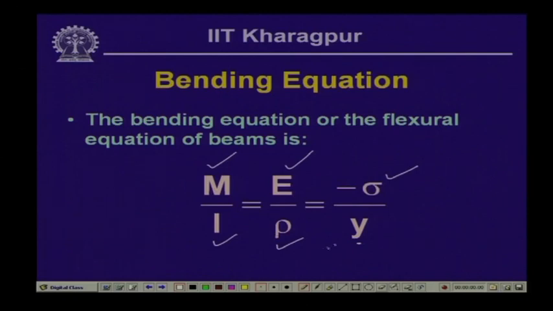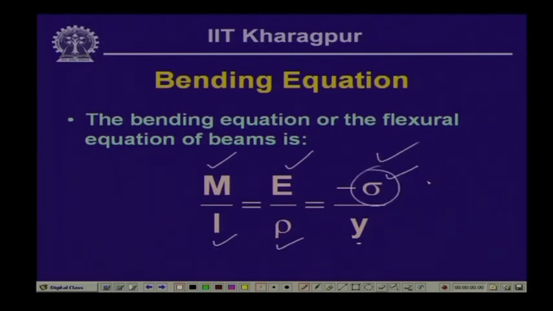In a beam at a particular cross section, if we want to evaluate the bending stress, the location of that point with reference to the neutral axis will be known, and hence the distance y will be known. I is the moment of inertia of the cross section with respect to the neutral axis, and M is the bending moment acting at that section. So, once we know these parameters, we can compute the value of sigma.